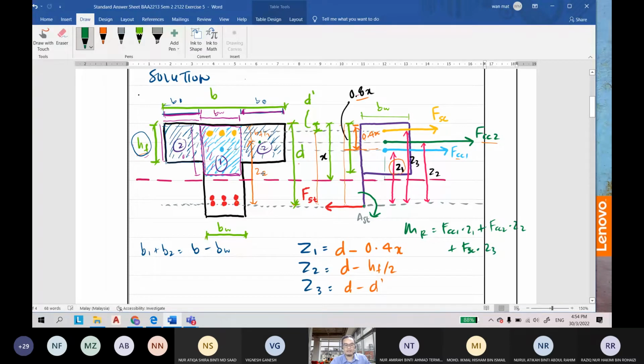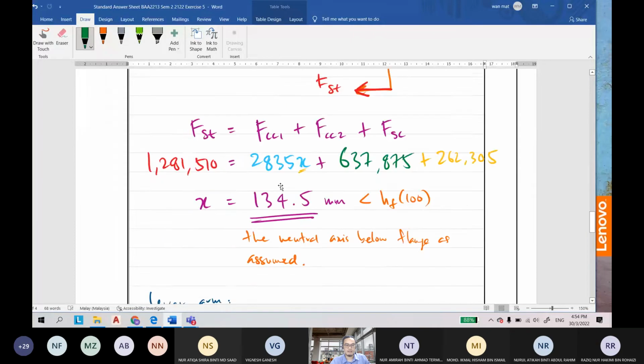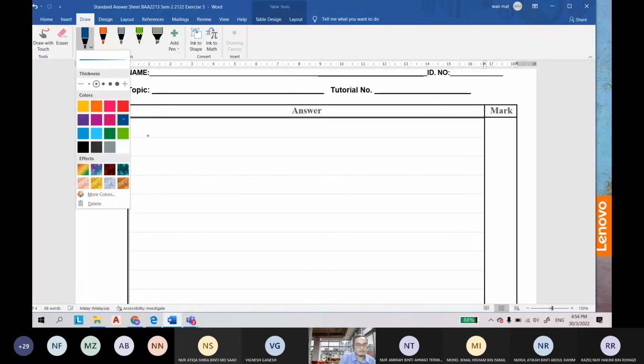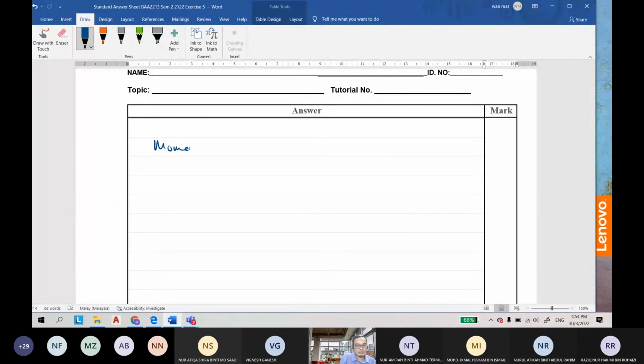So this is the equation. Moment of resistance MR is equal to FCC1 times Z1 plus FCC2 times Z2 plus FSC times Z3.